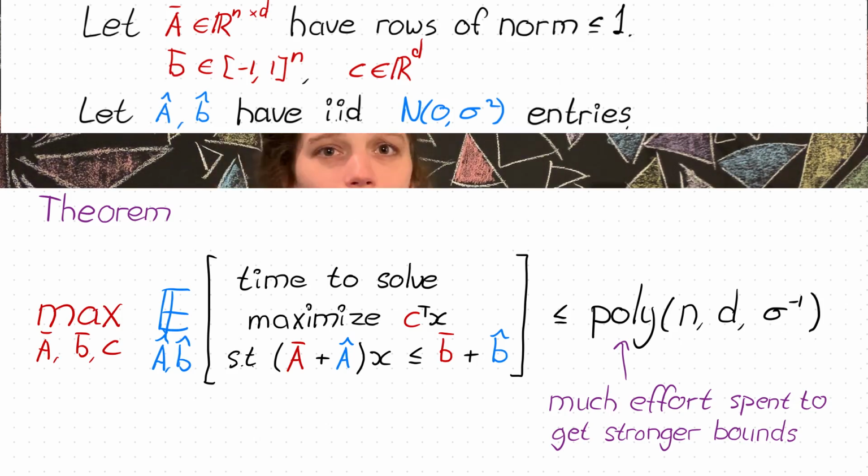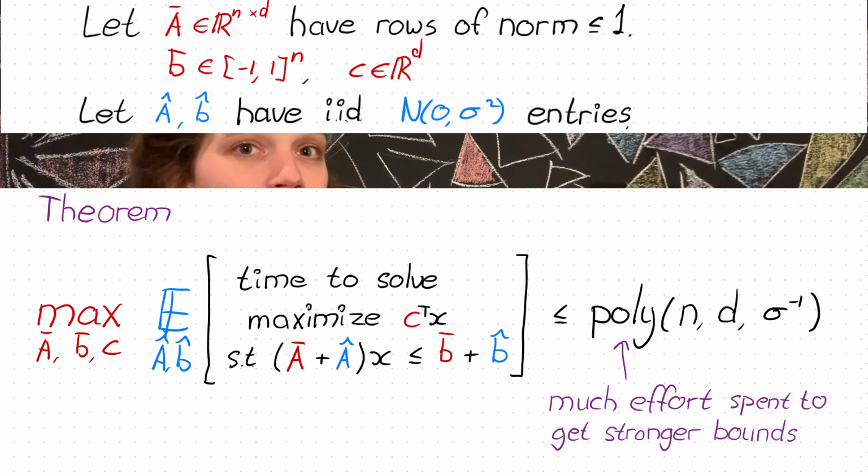Note that the 1 over sigma must be in there, because if sigma goes to 0, then we will be adding less and less error, meaning that the left-hand side here in this inequality should converge to the worst case complexity, which we know is very large.